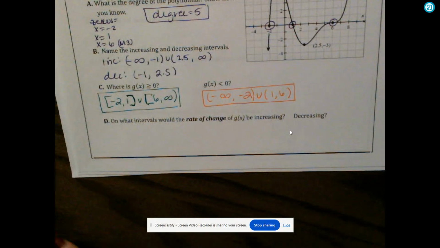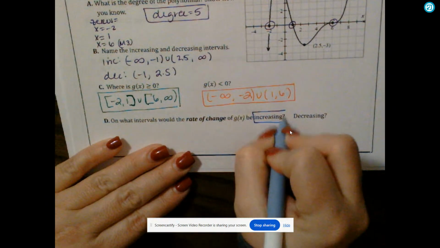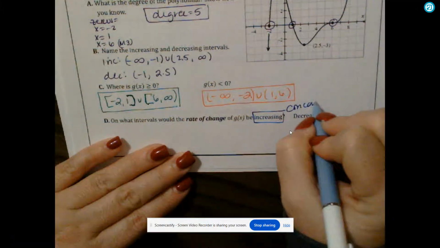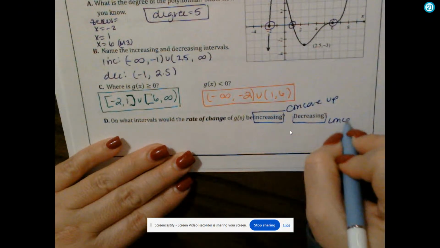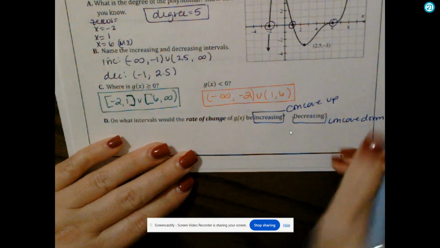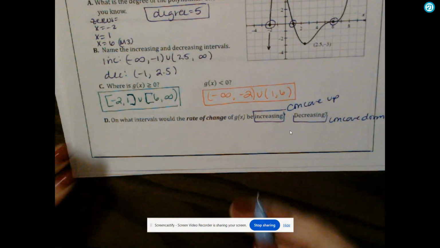On what intervals would the rate of change be increasing? When we talk about this increasing, we're talking about where we are concave up, and decreasing is where we are concave down. Remember that happens at our points of inflection, which are halfway between the mins and the maxes.